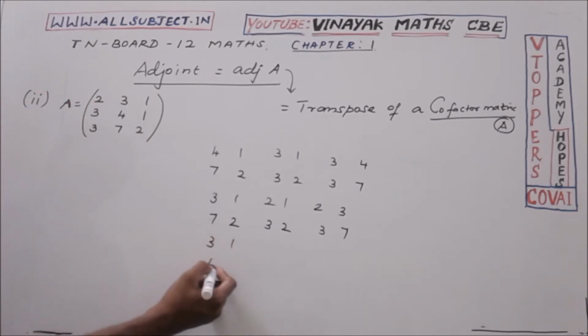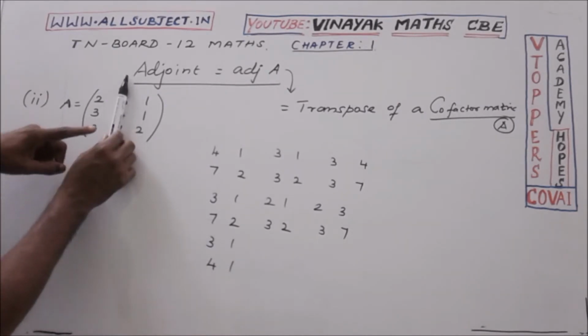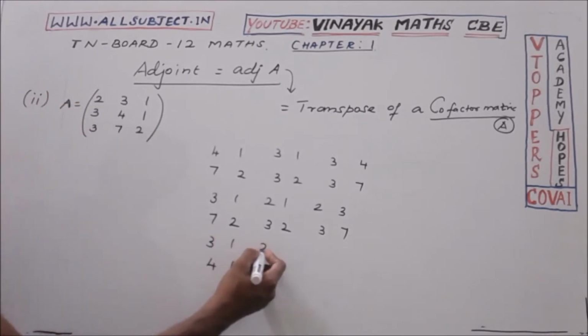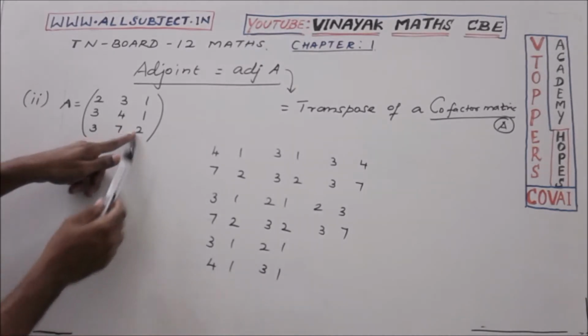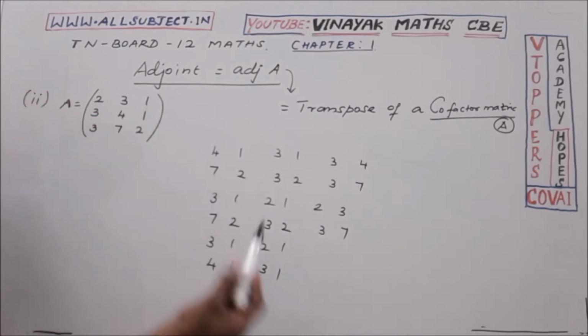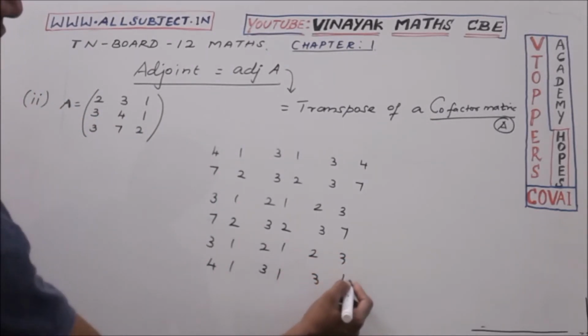For the minor value of 7, the second column and the third row are omitted, and 2, 1, 3, 1 is taken. For the minor value of 2, the third row and third column are omitted, and 2, 3, 3, 4 is taken.